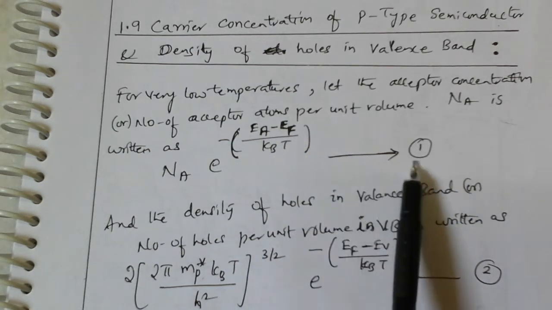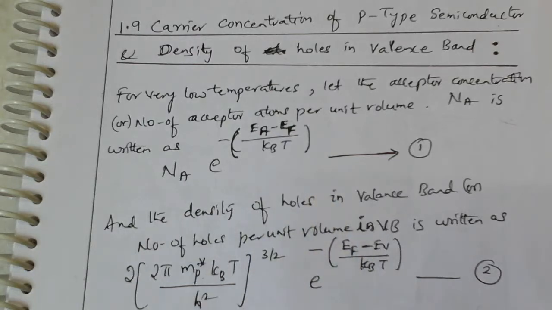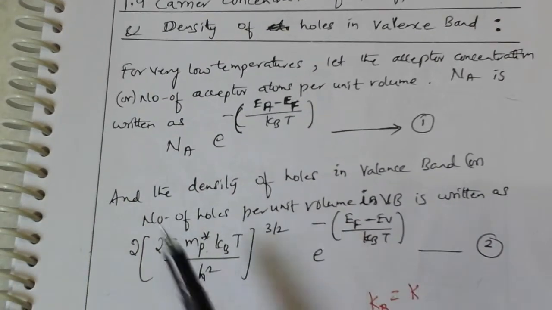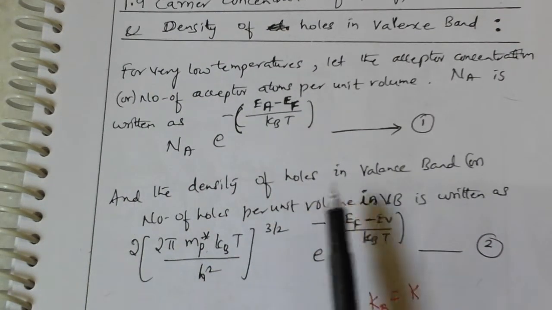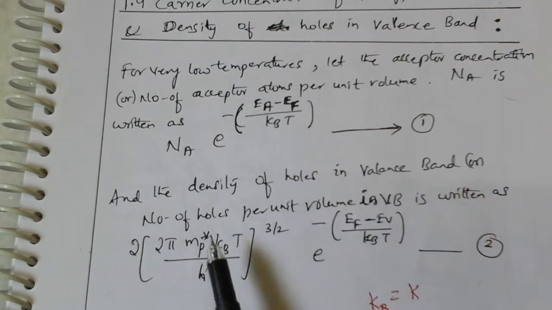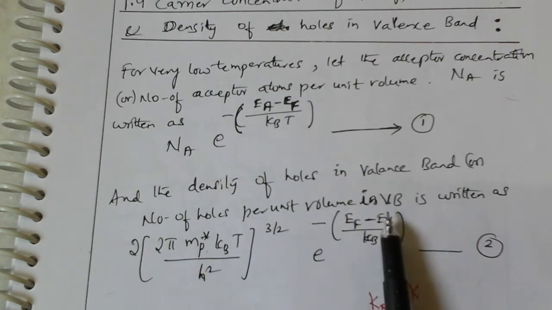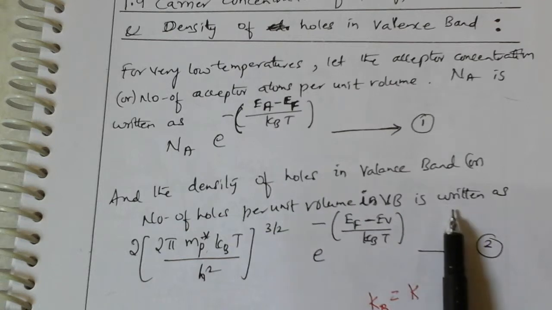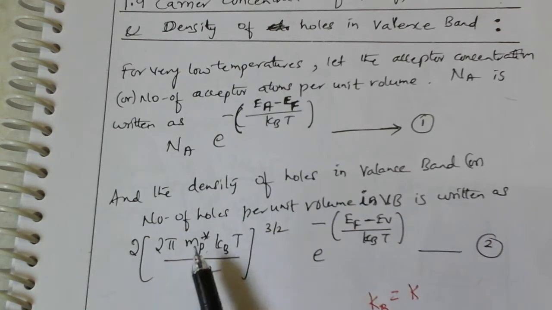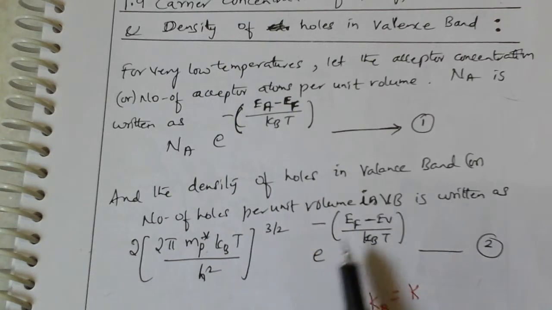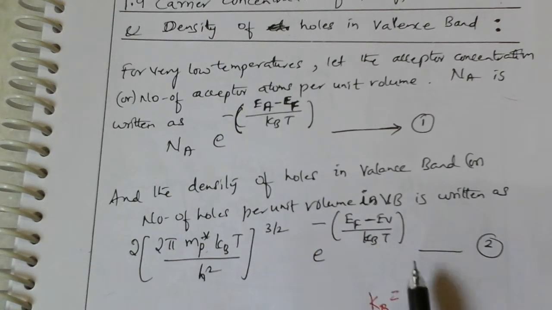This is equation 1. Now we know the number of holes per unit volume in the valency band is 2 into (2 pi mp star kBT by h square) whole power 3 by 2 e power of (Ef minus Ev) by kBT, equation 2.